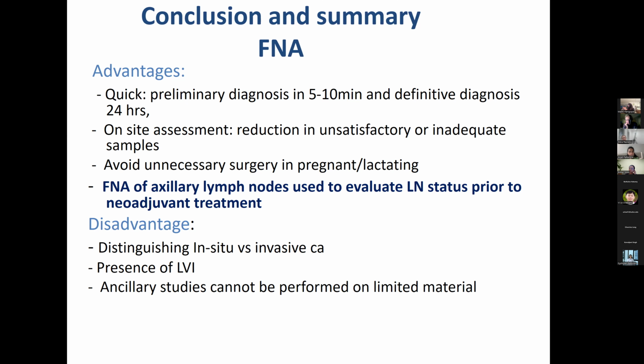There's good concordance for biomarkers, especially for ER, between the core biopsy and the cytology specimen, and not so much for PR, but fairly high concordance. And for HER2, again, it's not that great, but there are limitations, I'd say.